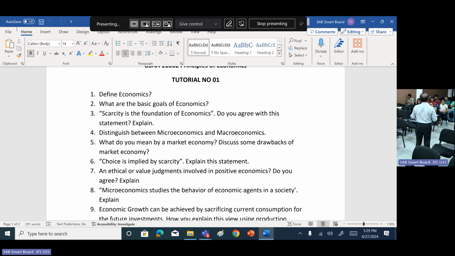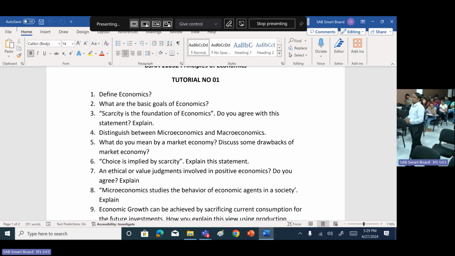Remember, micro and macro. When we come to aggregate demand and aggregate supply, that's general: the price level and the income. Micro means we use the particular market demand and supply that determine the price of a particular product in the market.